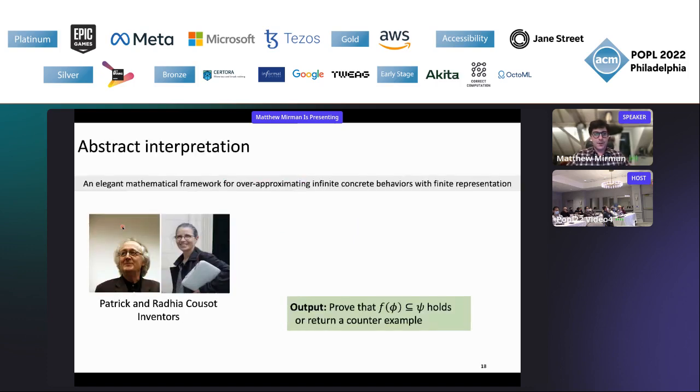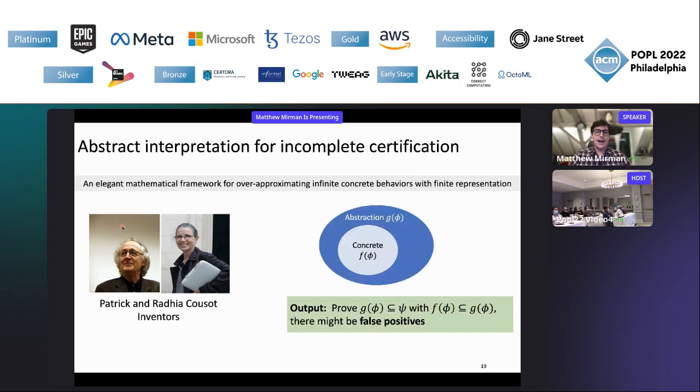Most of these systems are built around the framework of abstract interpretation, which is a mathematical way of over-approximating program behaviors using transformations into programs that act on finite representations. It was invented by Patrick and Radhia Cousot, and it works by essentially taking a program F and computing an abstract version of the program G that we have an easier time computing and working with.